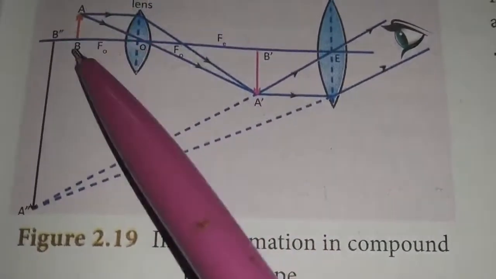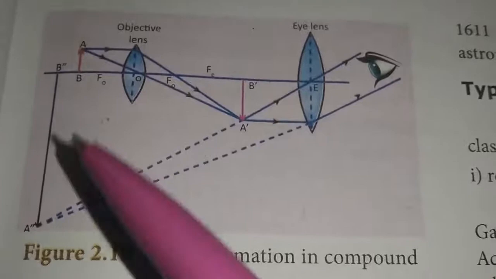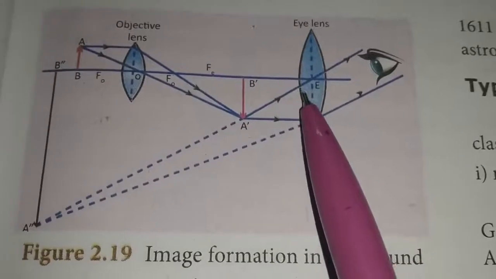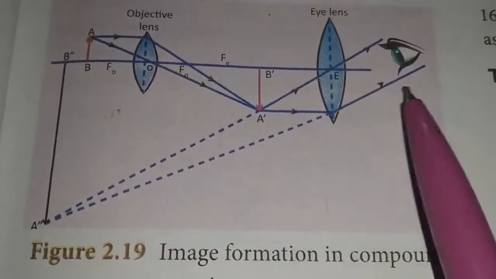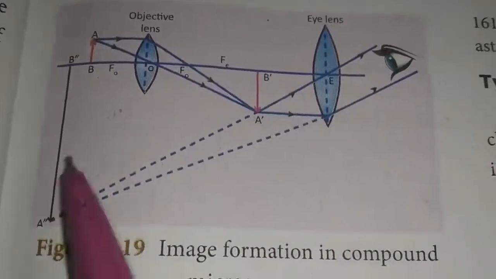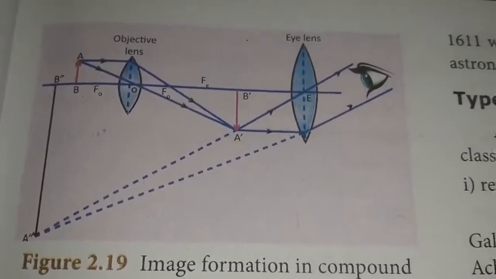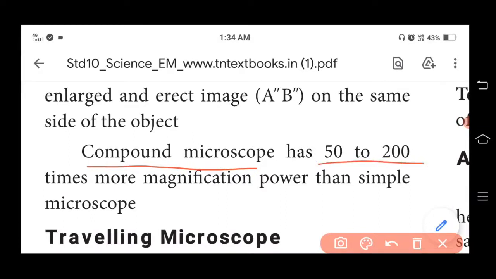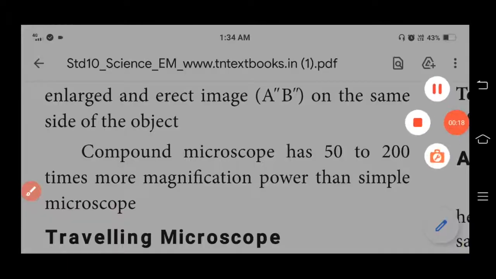The A double dash B double dash image is very large, so it is known as an enlarged image, formed on the same side of the lens. See here, the eye lens is placed here, and the enlarged image is formed on the same side of the lens. Students, this is an important one mark question: compound microscope has 50 to 200 times more magnification power than simple microscope.